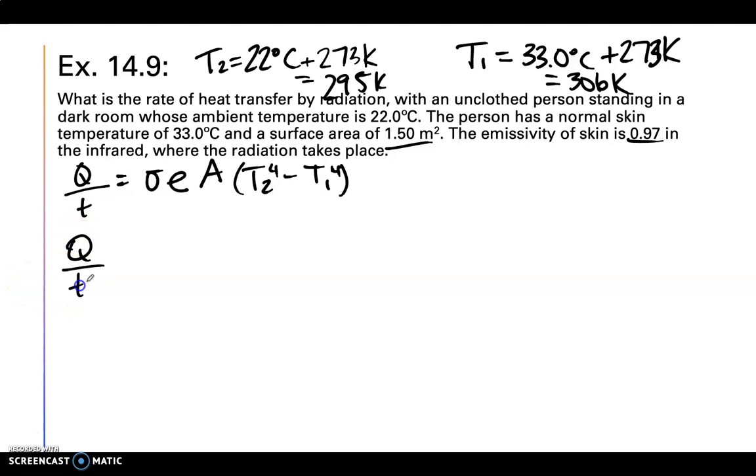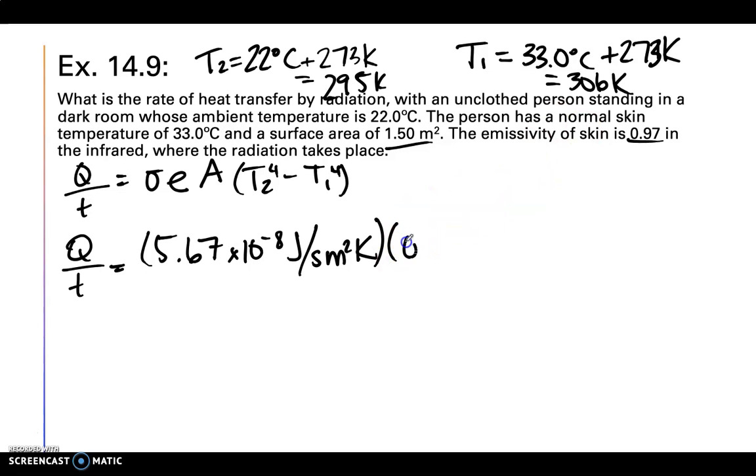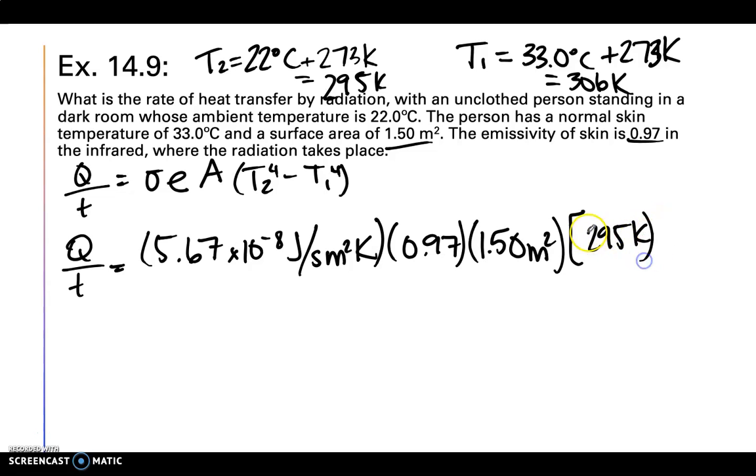So we have Q over T equals our Stefan-Boltzmann constant, which we have defined as 5.67 times 10 to the negative 8 joules per second meters squared Kelvin to the fourth, times our emissivity, 0.97, times our area, 1.5 meters squared, times 295 Kelvin to the fourth minus 306 Kelvin to the fourth.